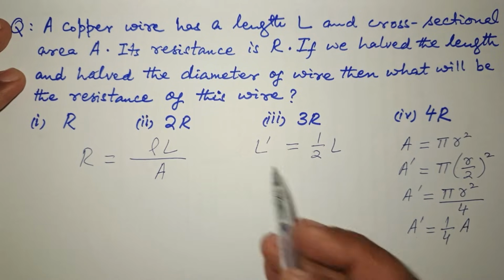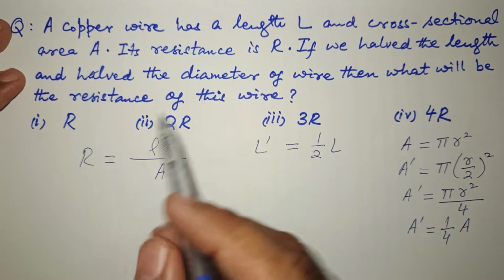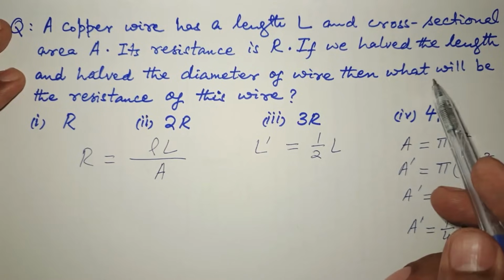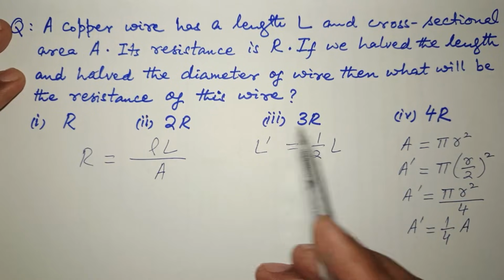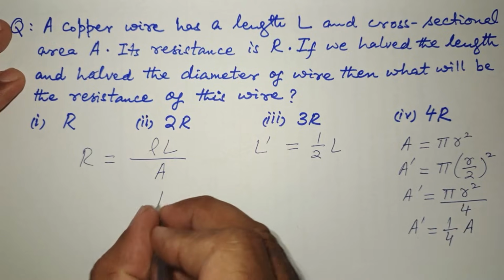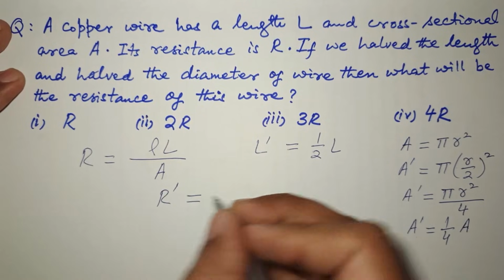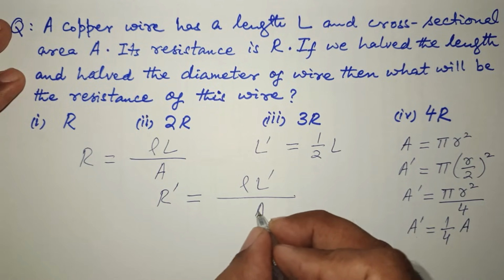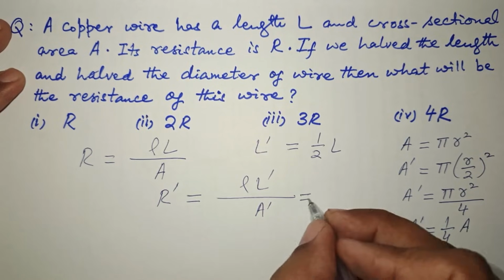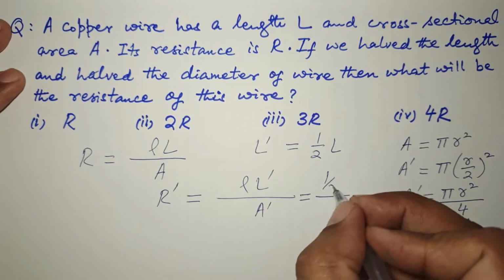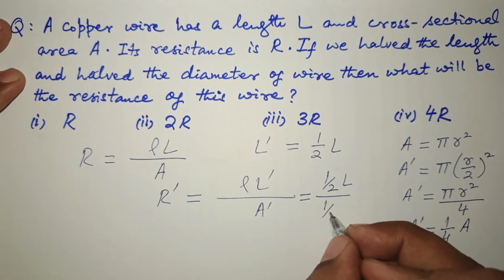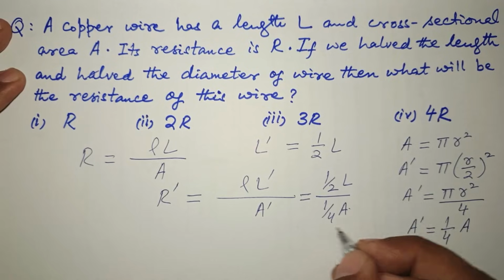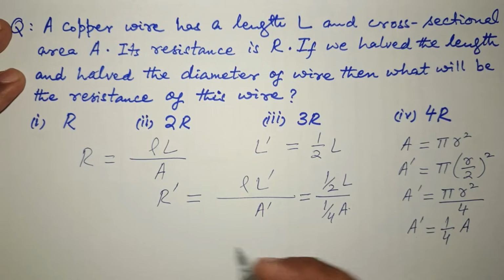Now we have A prime, we have L prime. What we have to find out is the new resistance of the wire. So this will be R prime. R prime equals rho L prime over A prime. L prime is half L and A prime is 1 over 4 A. This 4 will go up and 2 will come down.